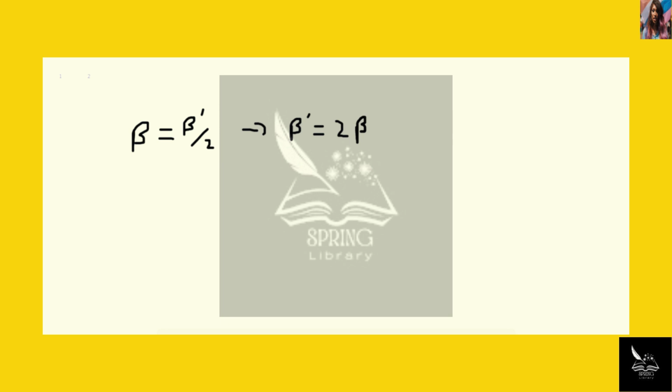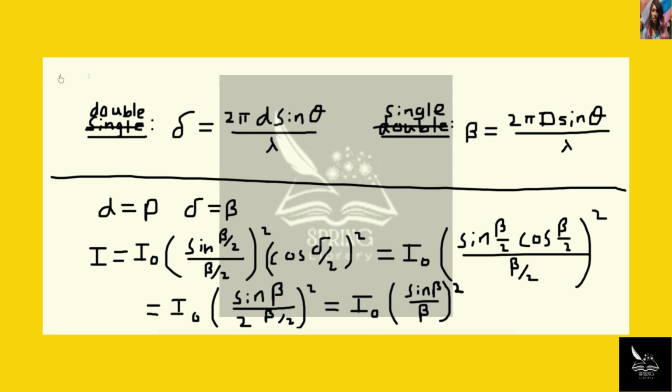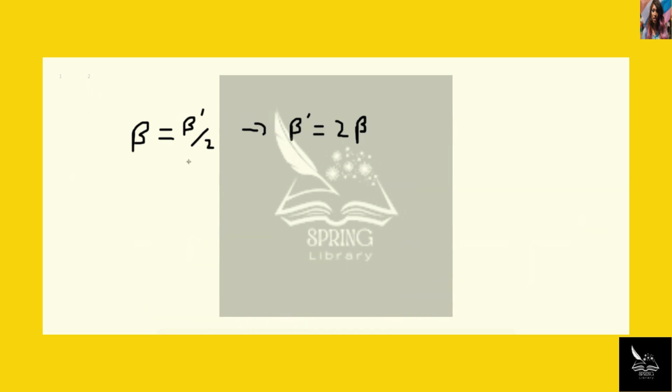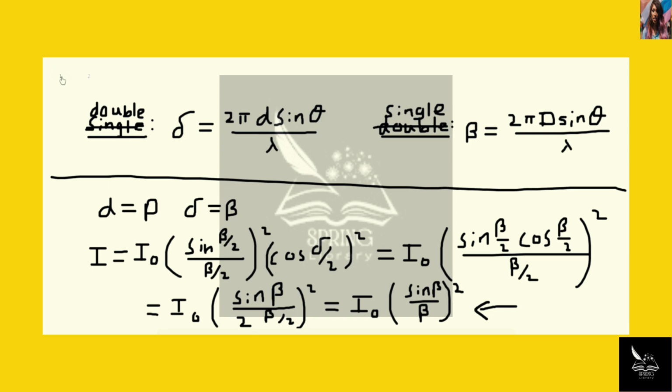Well, if you plug beta equals beta prime over 2 back into our expression here, you get back to our equation of the intensity for a single slit with a phase change of beta prime equals 2 beta. So it would be the exact same as a single slit intensity, excuse me.